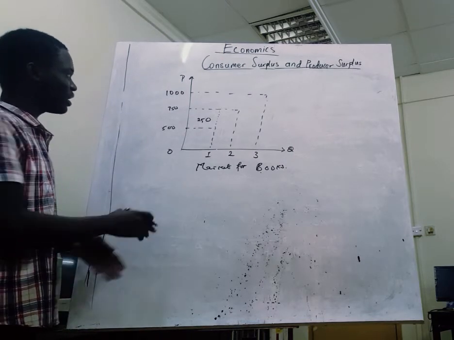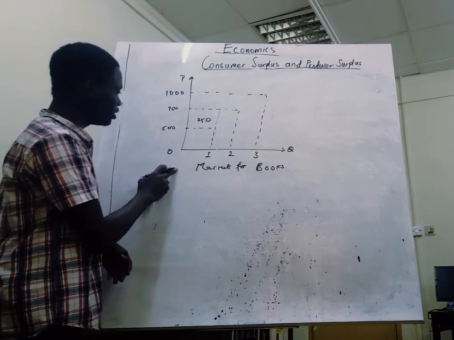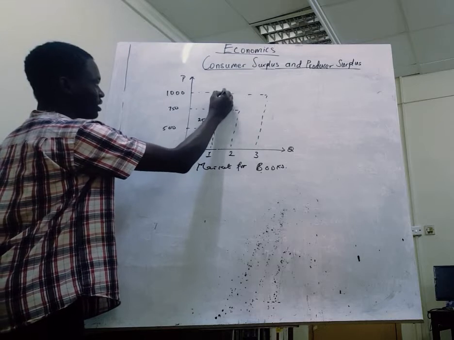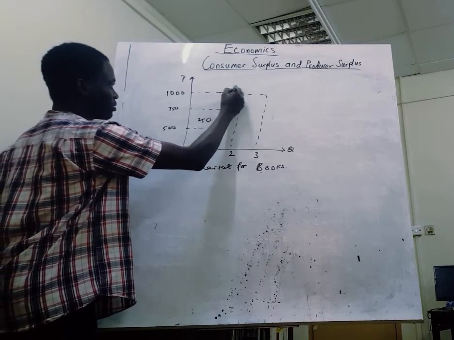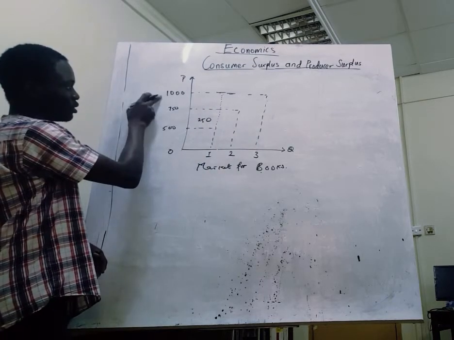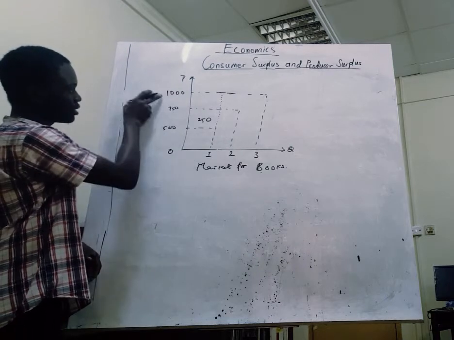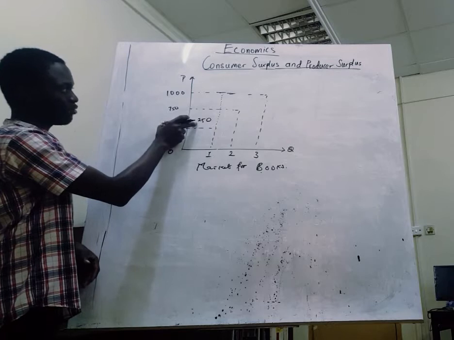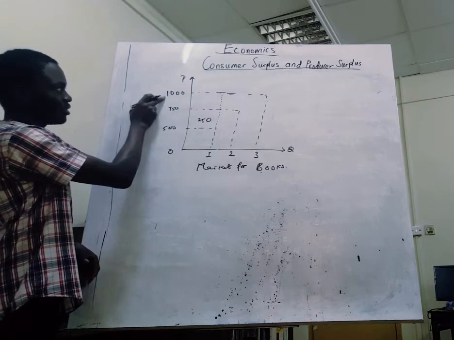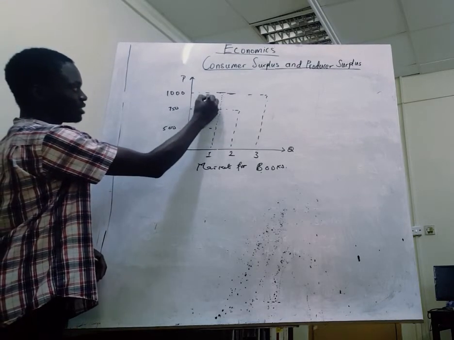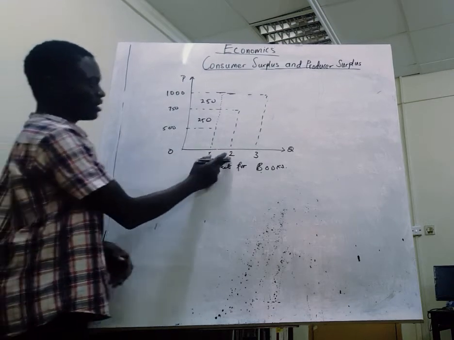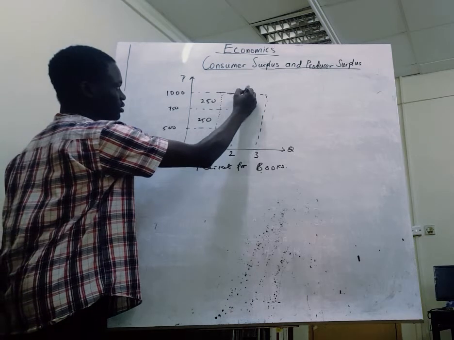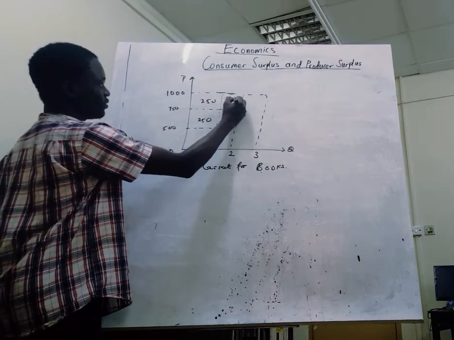All right. So here, by the time we look at what is going on for the first seller, the first seller's minimum price is 500. But then the book now goes for 1,000. Okay, so we can see now that the producer surplus has extended from here to this place. So we just calculate the difference. This minus this is going to give us 250 for the first seller. Now look at the second seller, the second producer. Okay, so at the price of 1,000, he also has a surplus of 250.